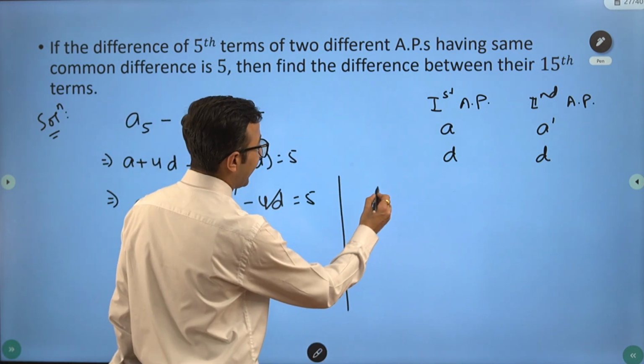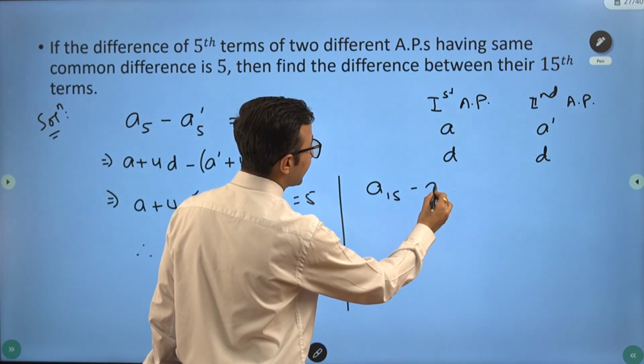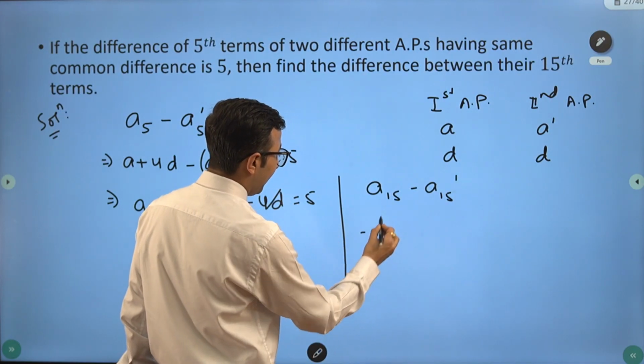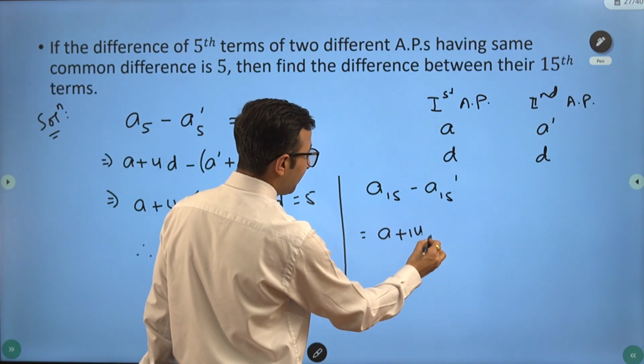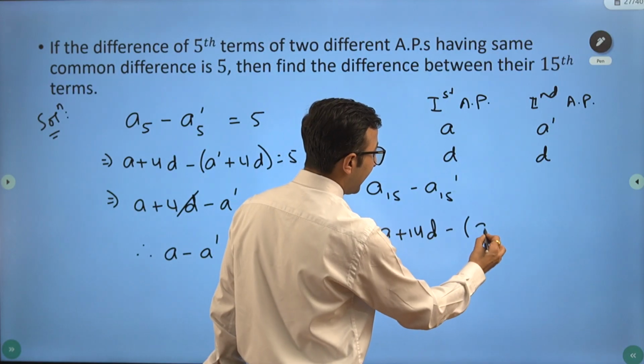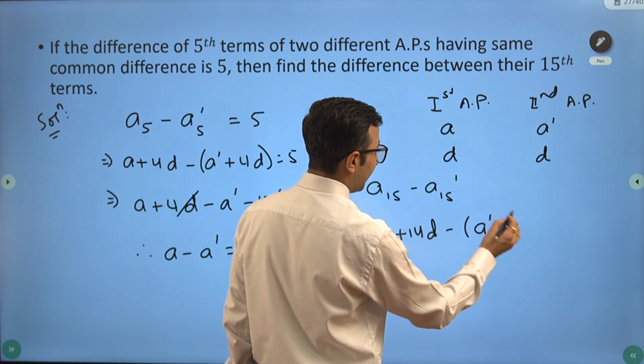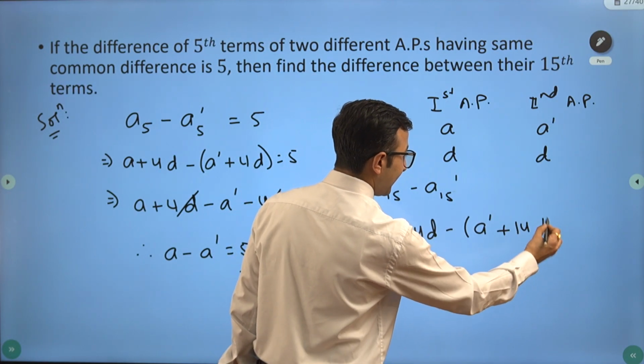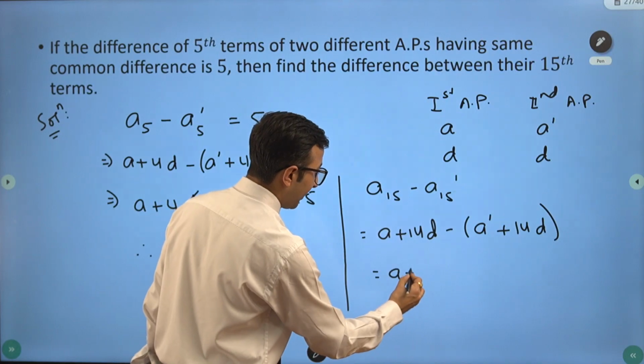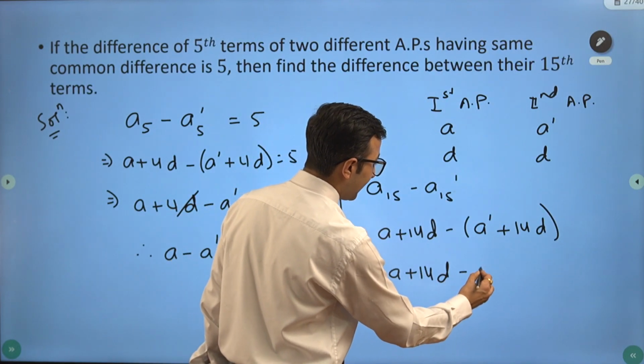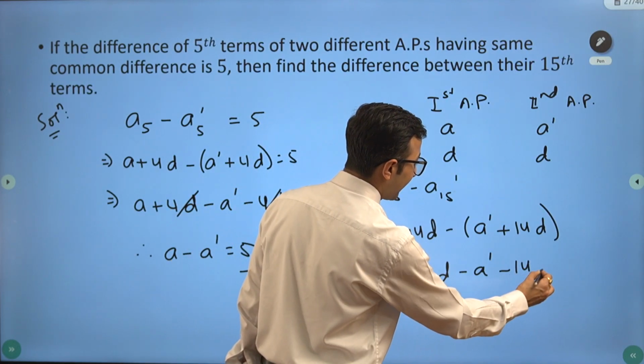Let us work it out. A15 minus A15 dash: A15 will be A plus 14D, minus A dash plus 14D. So A plus 14D minus A dash minus 14D.